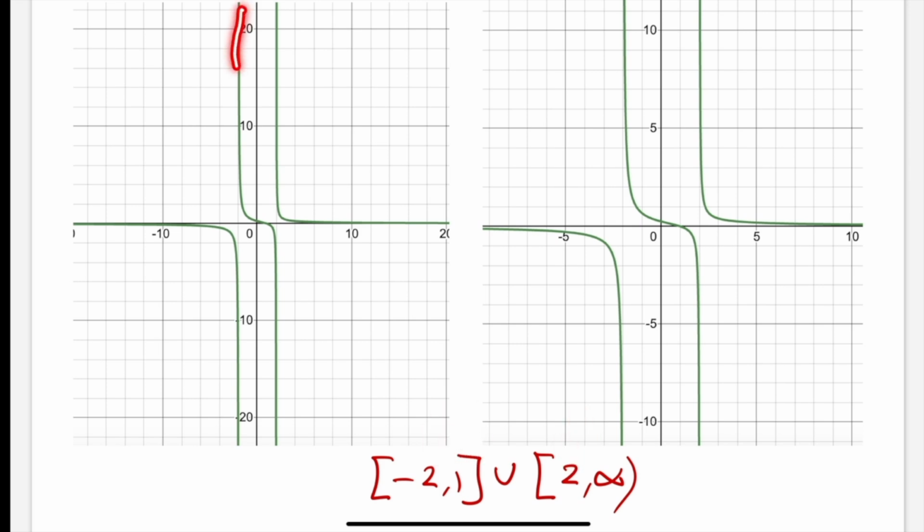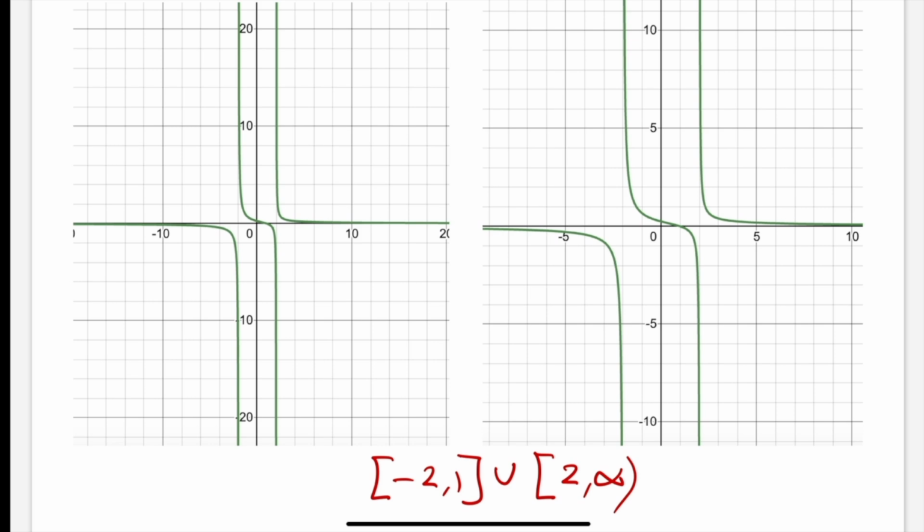So this is my first asymptote, that's negative 2. This is 1. So this is negative 5, negative 4, negative 3, negative 2. Here you have a vertical asymptote. And then 1 is where my graph touches the x-axis. And then 2 is my next asymptote. An asymptote is a line that my graph will never touch, just in case.